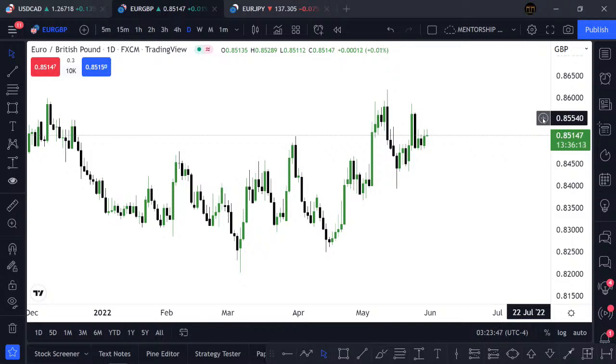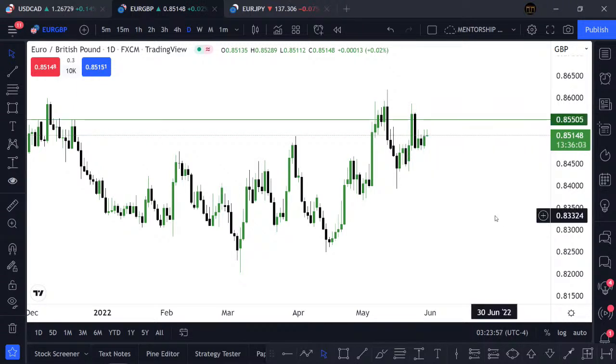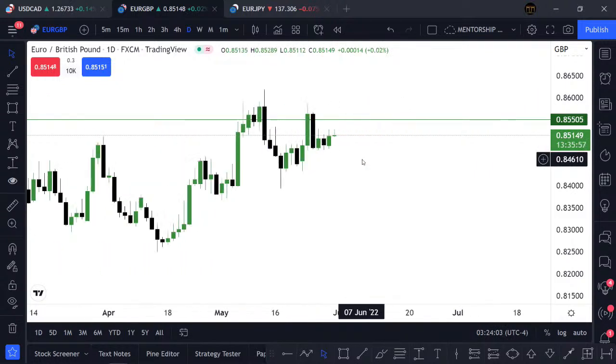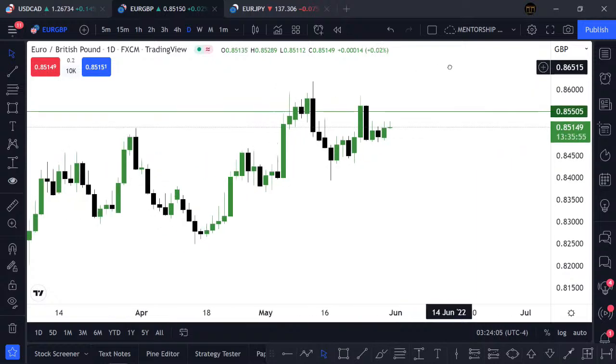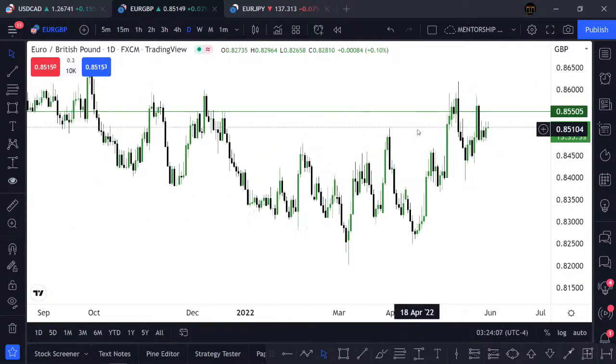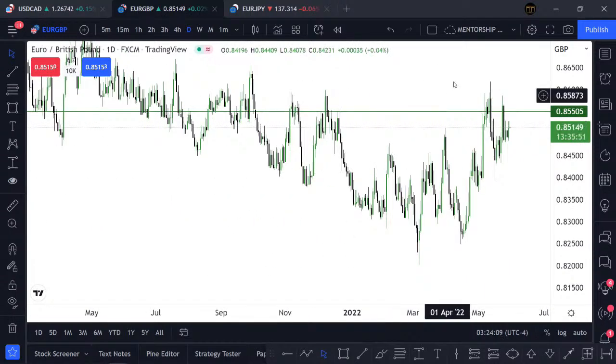So if we are above the 50 level, we want to see price trade the 50 level, then make that rejection. My God, it's a bit slow today.